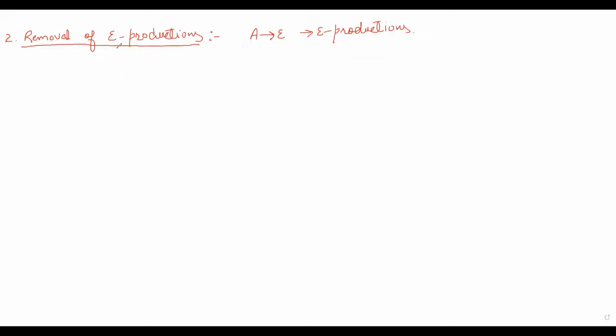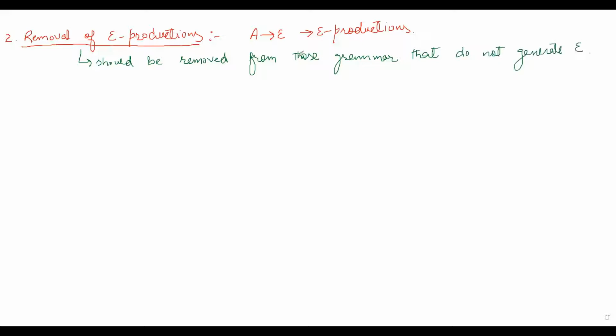And these epsilon productions should be removed from those grammars that do not generate epsilon. Or we can say we can remove epsilon productions from all the grammars.